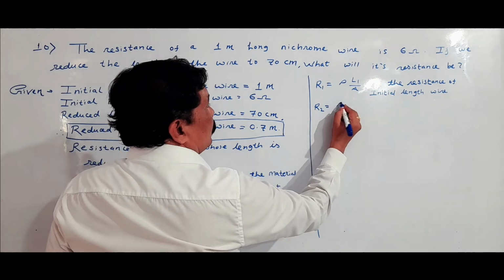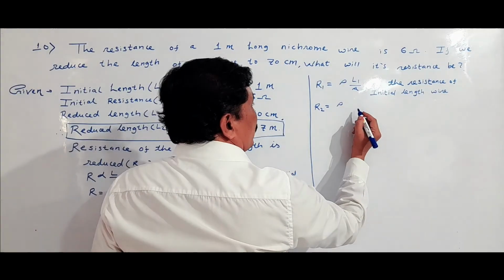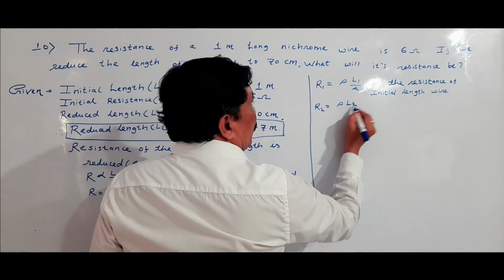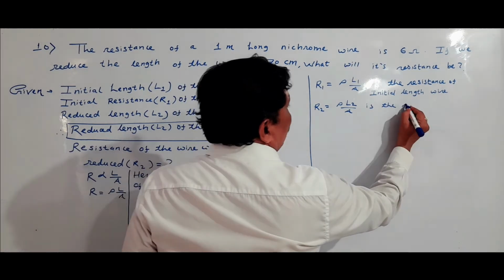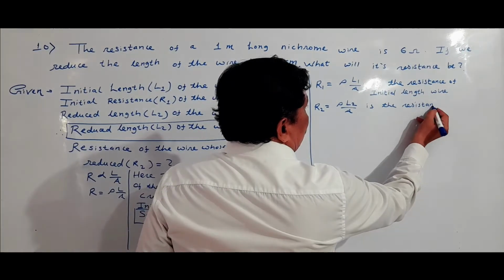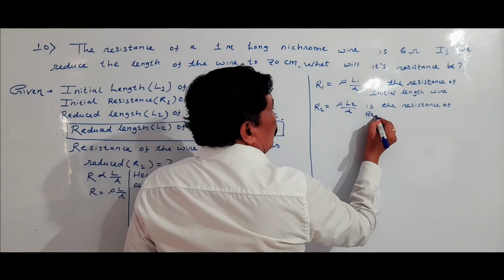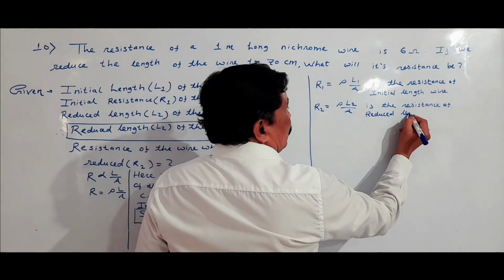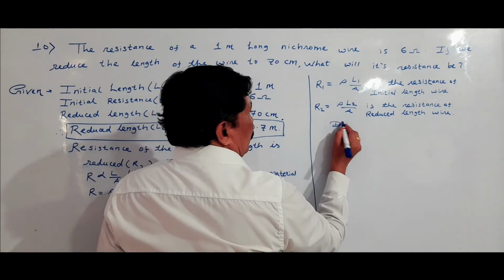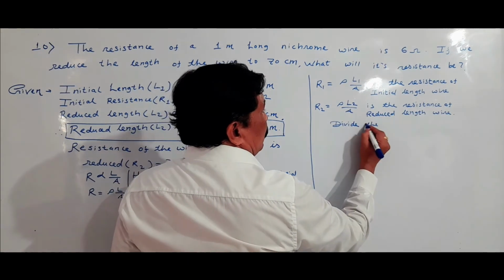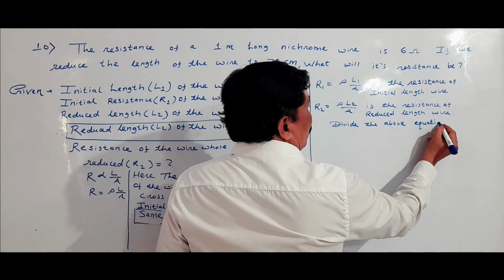R2 is equal to resistivity of a material into L2 upon A is the resistance of reduced length wire. Divide the above equations.